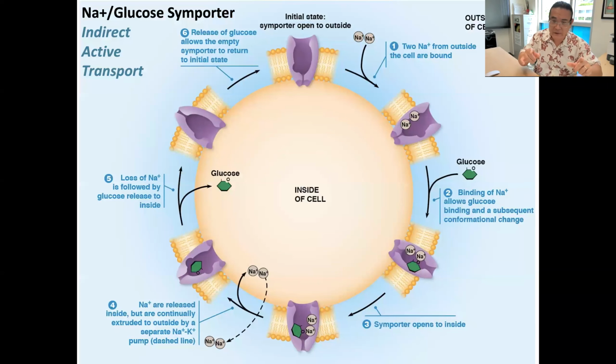So here's an example in a cell of one of these indirect active transporters. We already looked at the transport of glucose across the cell membrane in the context of facilitated diffusion. We said most of the time you would have higher sugar flowing around outside of a cell, especially if you've eaten a big meal and have sugar flowing through your blood, and the cells want that sugar.